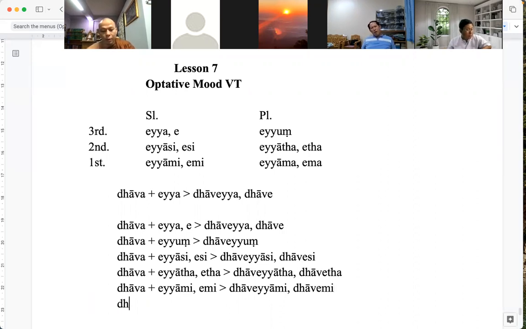In the same way for plural, the dawa base and then ma and yama. So we have two forms, dawiyama and then dawima. So that is for the ending. Dawa base.